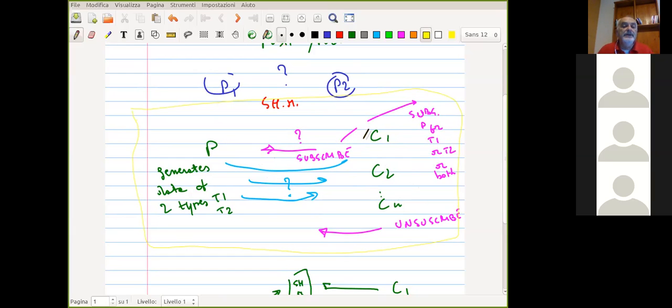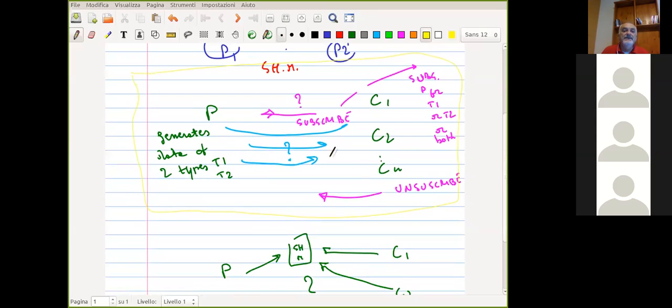We need synchronization, and you must decide. You need non-determinism. So C1, C2, and Cn or P also need to select the pipes during communication. Well, that's the problem I want you to solve.